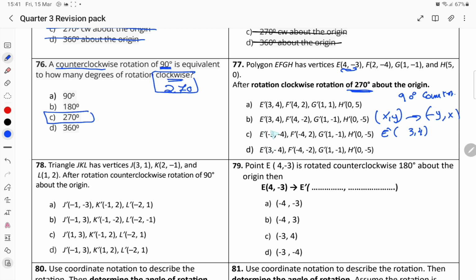Which one here is 3 and 4? Yes, either A or B. So we will cross out these. Let's see F prime. Switch them, it becomes negative 4 and 2. Change the sign of the first, so it becomes 4 and 2. Yes, so the correct answer is the first one.